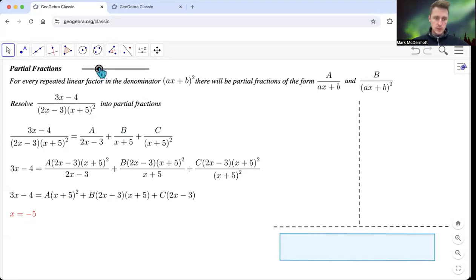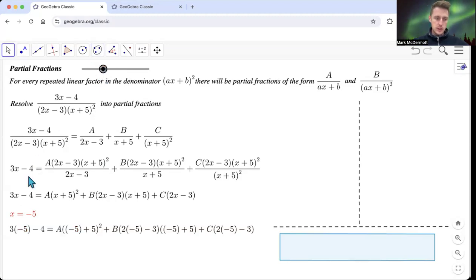So everywhere we see an x, we're going to sub in -5, including on the left-hand side. Anyway, it simplifies nicely to literally this. This left-hand side is -19. This goes to 0, this goes to 0. So you're just left with -13C. And finally, you get therefore C equals 19 on 13. And there's our first answer. This C value here is 19 on 13.